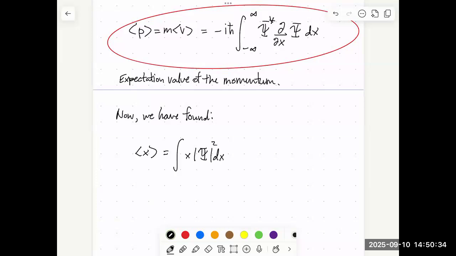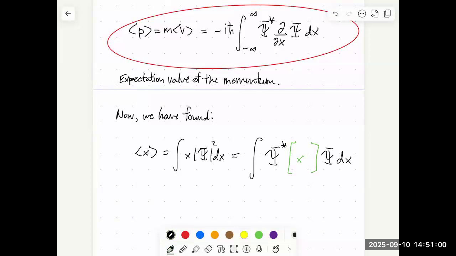The expectation value of x is x times the probability density integrated over x. I'm going to write this in a more suggestive way. I'm going to put phi star here, and then I'm going to put x between phi star and phi. And then we'll write our dx here.